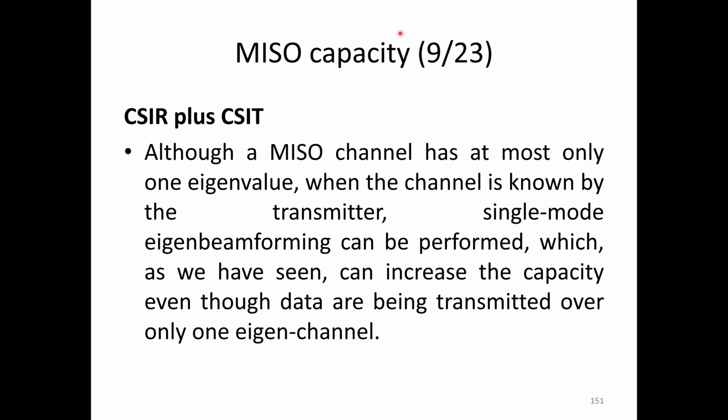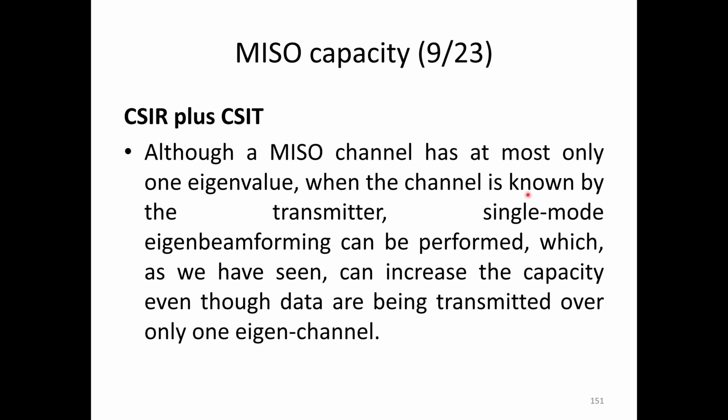We are talking about the MISO capacity, and in this page we consider the CSIR plus CSIT condition, which means that the receiver and the transmitter both know the channel state information. Although a MISO channel has at most only one eigenvalue, it can be proved using the knowledge of linear algebra, so this is left to you as an exercise.